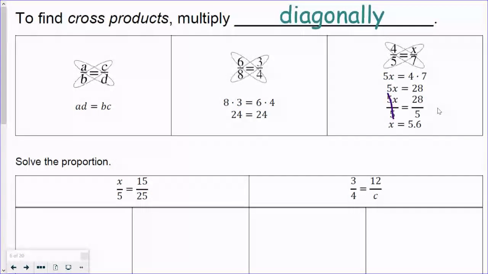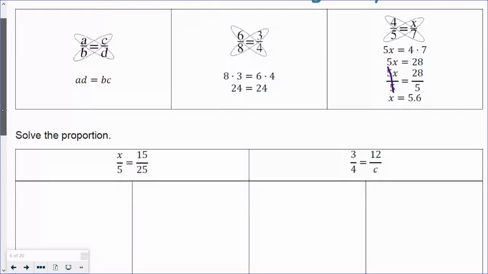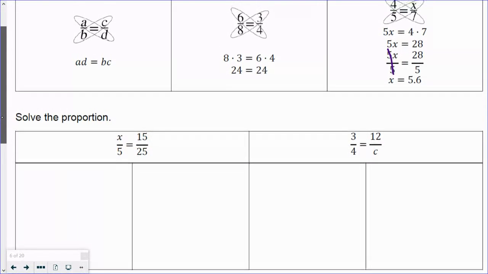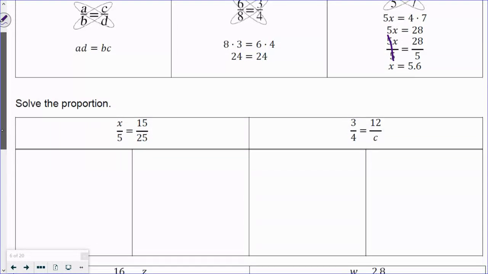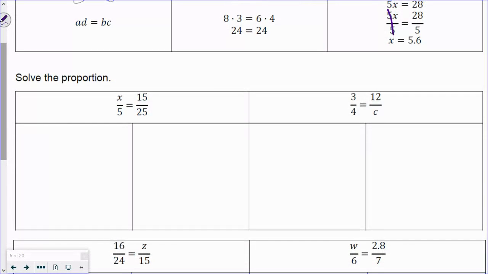Let's practice them together. Is x/5 equal to 15/25? We need to find out what x equals. They're telling us it is equal and that it's proportional. We are going to solve, and then of course we are going to check. Going diagonally, I'm going to put 25x.